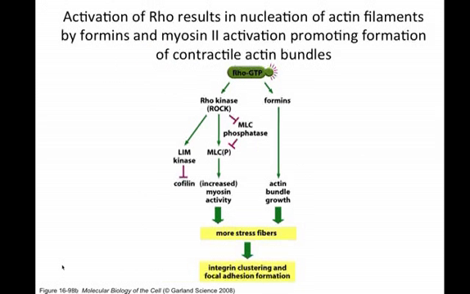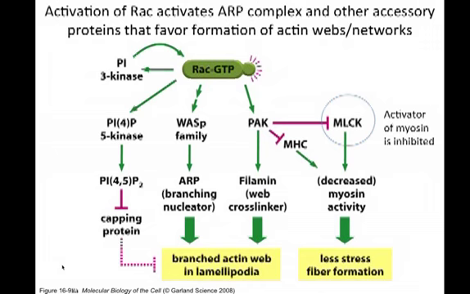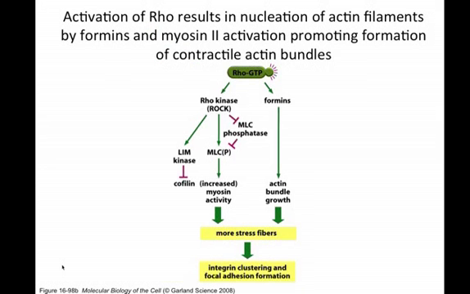So activation of Rho, so that was RAC. Activation of Rho results in nucleation of actin filaments by formins, right? So we had ARP and then some of the backside formins. And it activates myosin 2, which promotes formation of contractile actin. So before we had web formation, here we have contractile actin bundles.